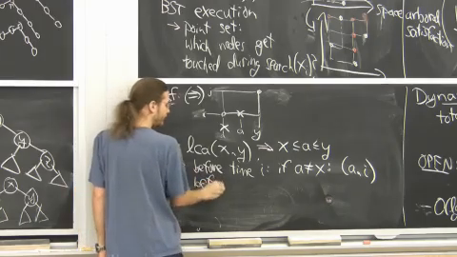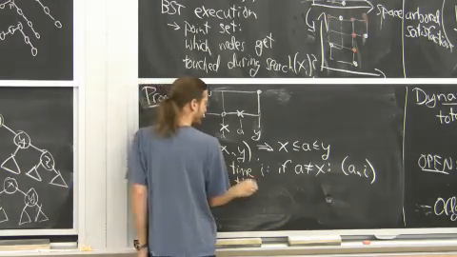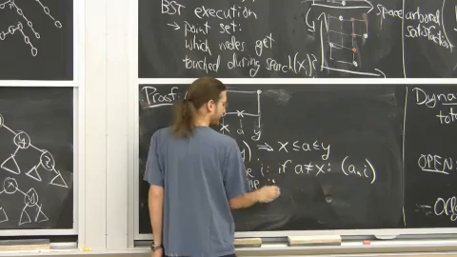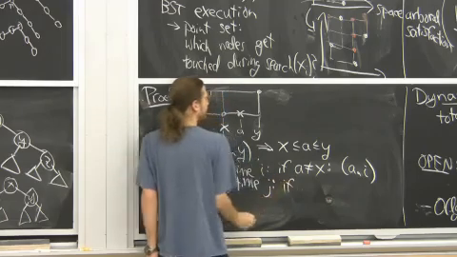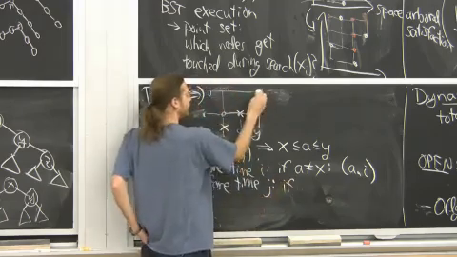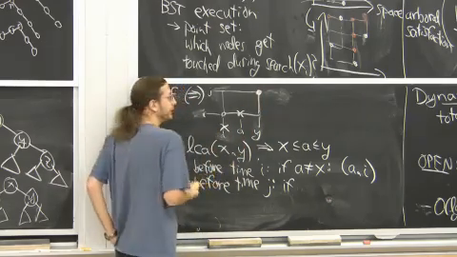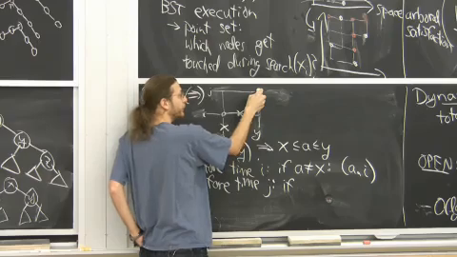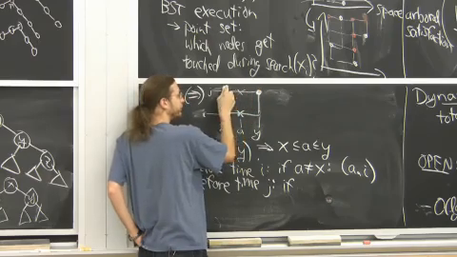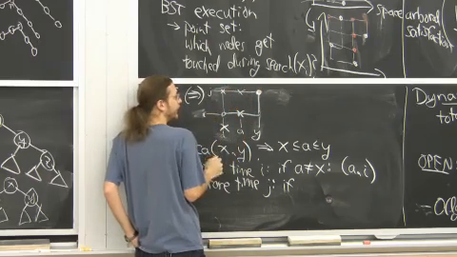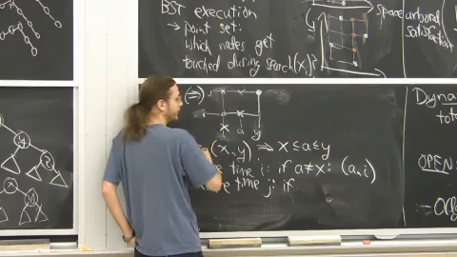Let's then look at time j. Same deal. At time j, here's y that gets accessed. We must also access A. Now, it could be it's equal to y, or it could be somewhere else. It could be here, or it could be still here. In those cases, we're happy.